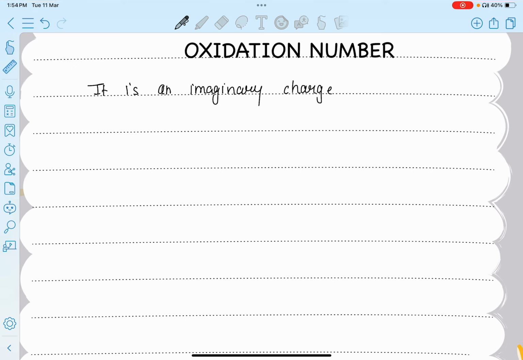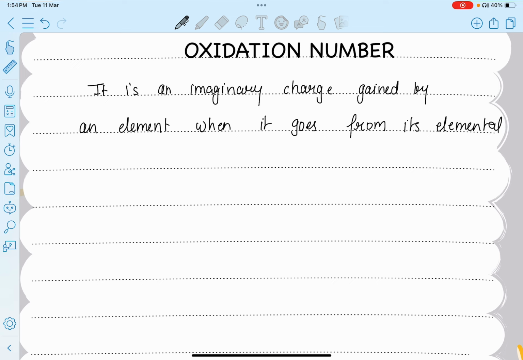It is an imaginary charge gained by an element when it goes from its elemental state to combined state in a molecule.